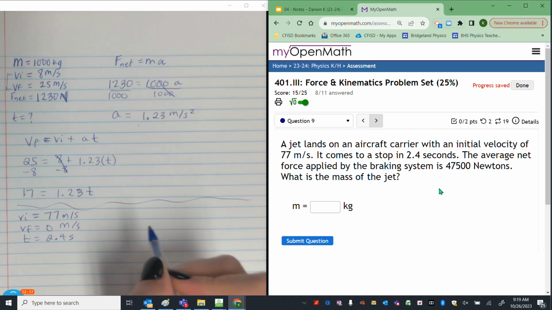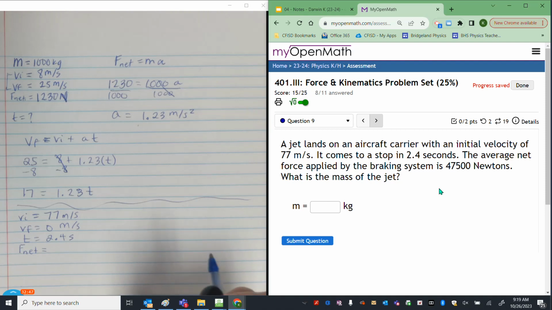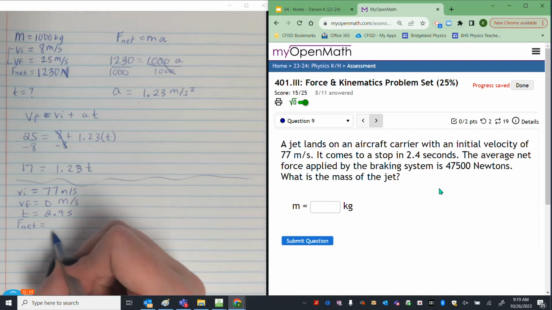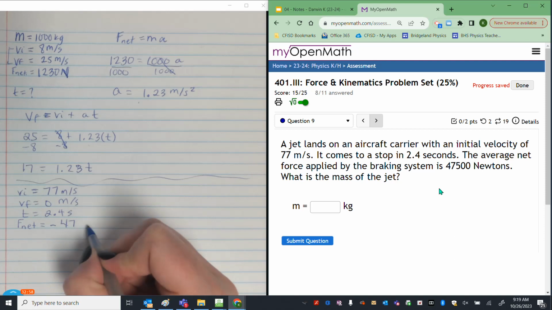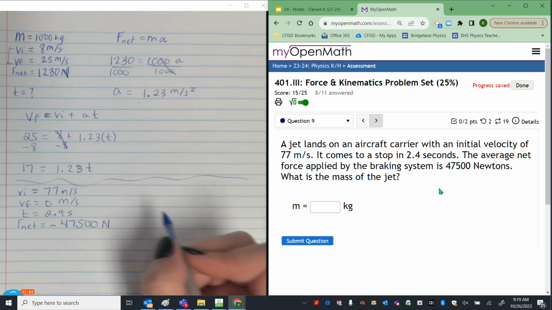The average force applied by the braking system. Okay, if it's just trying to stop here and it's talking about the braking system, this is going to be my net force. It's going to be the only force acting in that direction as it comes to a stop. So that net force is going to be negative, because it's trying to slow it down, 47,500 newtons.